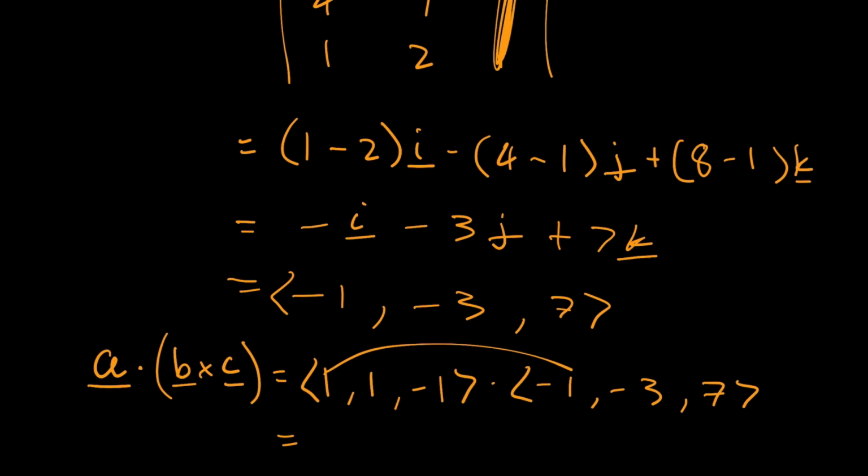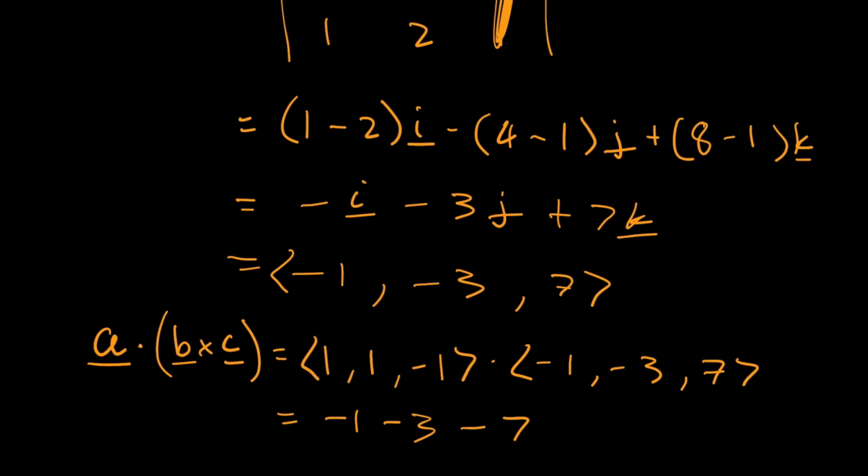So 1 times negative 1 is negative 1. 1 times negative 3 is negative 3, and negative 1 times 7 is minus 7. And negative 1 minus 3 minus 7 is equal to negative 11. In the case that you do get a negative answer, you should take the absolute value because volume is strictly positive. So the absolute value of that is equal to 11 units cubed.